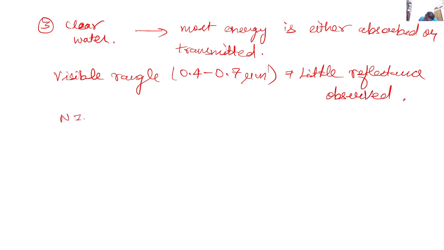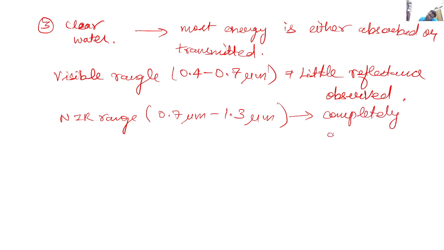Whereas in NIR range, that is up to 1.3 micrometers, it completely absorbs the radiation. So there is no reflectance at all, if you see clearly.